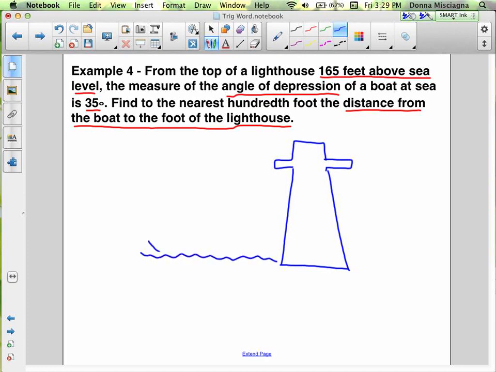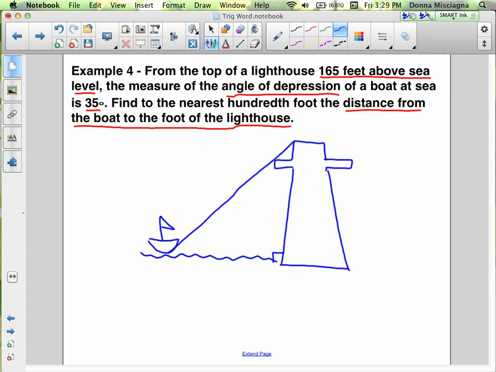And on this water, there's a boat at sea. So from the boat to the top of the lighthouse, and from the boat along the sea to the lighthouse, makes a right triangle because objects are perpendicular to the ground.